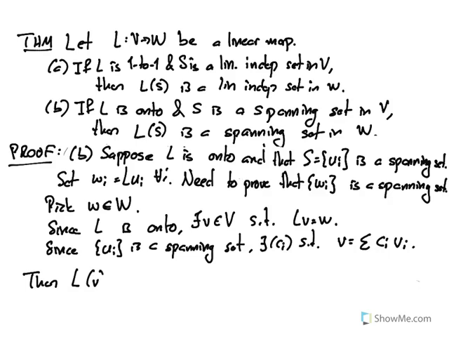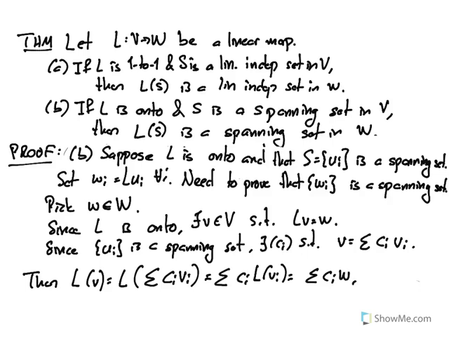Then L of V is L of the sum of Ci Ui, which is the sum of Ci L of Ui, which is the sum of Ci Wi, and now we've precisely proven what we needed to prove.